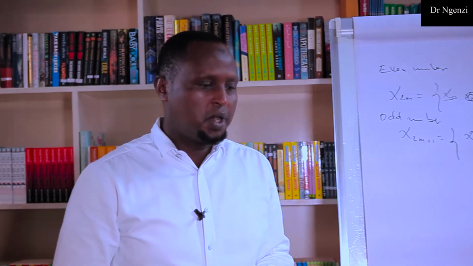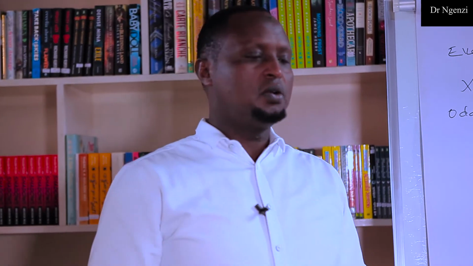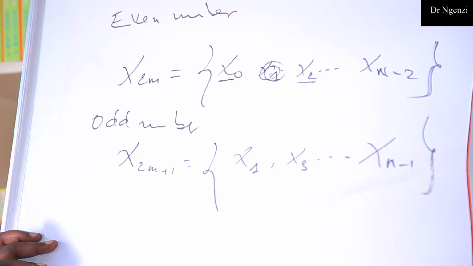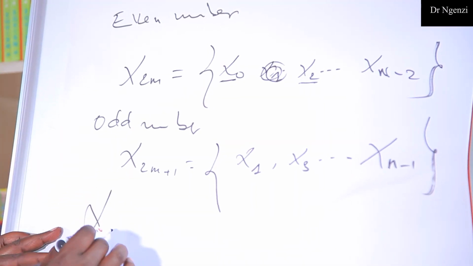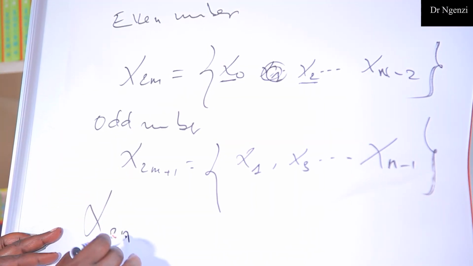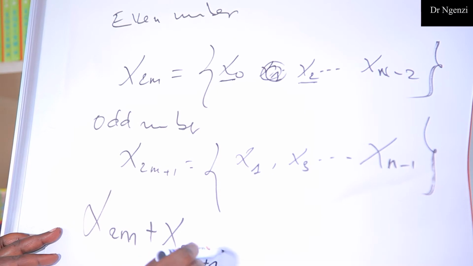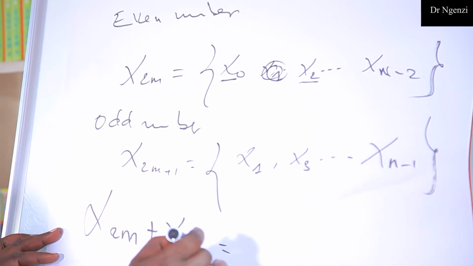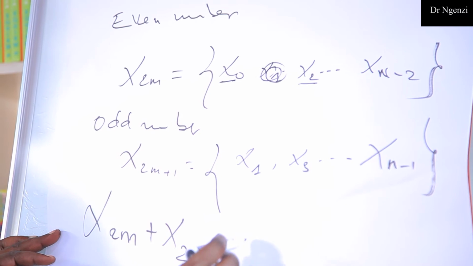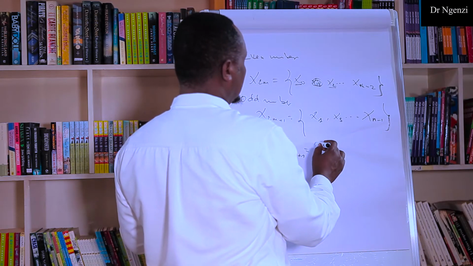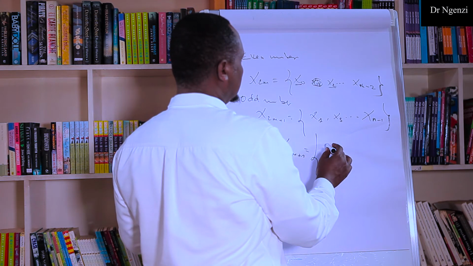And then you can combine the two resultants or the two signals as the whole sequence. So you can have x of 2m plus x of 2m plus 1, which is all the combination of this. So you can combine them at the same time.